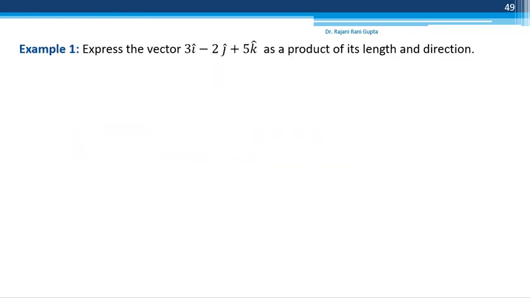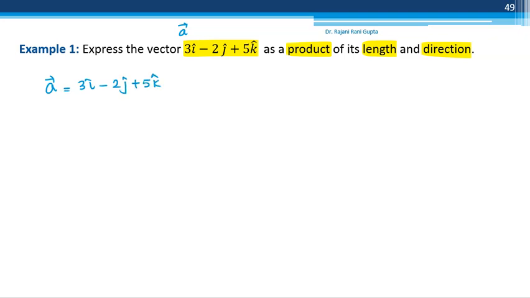Let's solve a question. Suppose they ask: express the vector as a product of its length and direction. They may use magnitude or direction, length. So let's say this is your vector A. Your vector A is 3i minus 2j plus 5k.